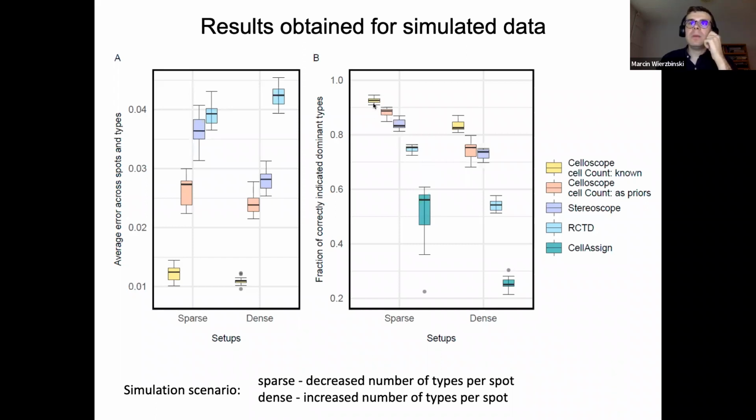And this is the bar plot. It means that Celloscope was run for 15 models on sample data.